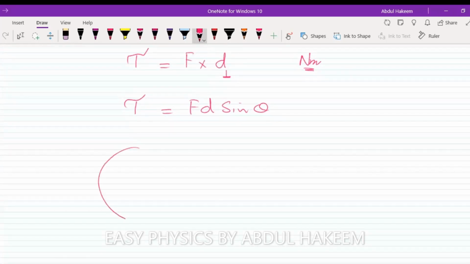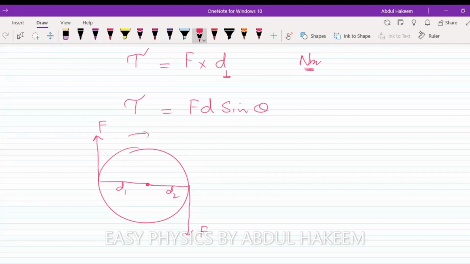For the couple torque, look, this is the pivot. This distance suppose D1, this distance D2, one force in this direction, other in this direction. Both forces are equal, opposite, and rotating the object in the same direction. So they are making the couple. Then the couple torque is equal to FD1 plus FD2, and F common, D1 plus D2.